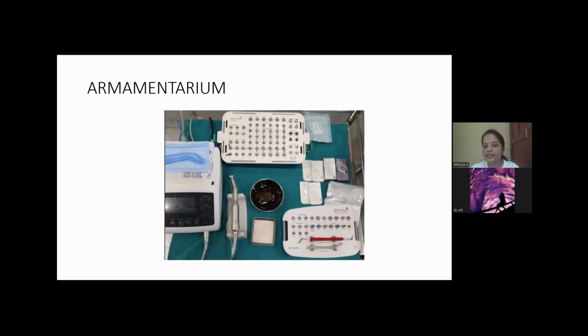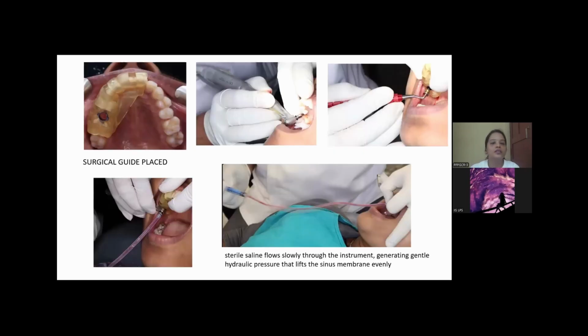The armamentarium that we have used is a digitally guided technique, and we have also utilized the DO sinus kit for the purpose. So this is the first stage surgery that we have done. The surgical guide was placed, and later sequential drilling was done with the help of the drilling kit. Then an instrument was used to check the positioning of the sinus membrane.